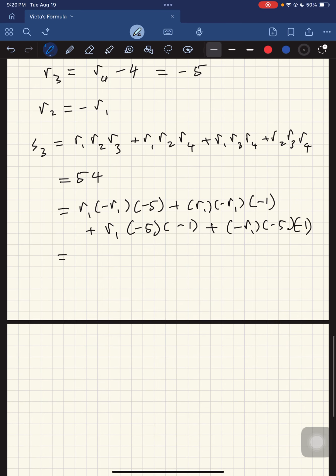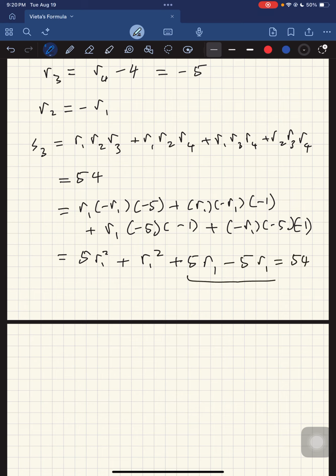And if we multiply everything together, this gives us 5R1 squared plus R1 squared plus 5R1 minus 5R1 equals 54.